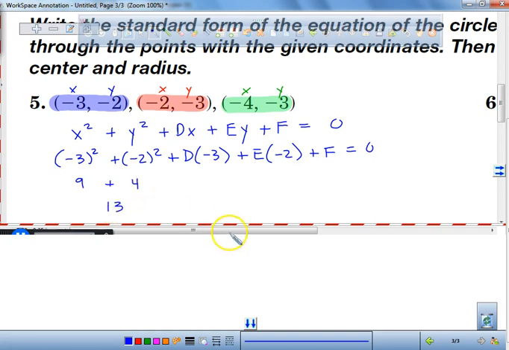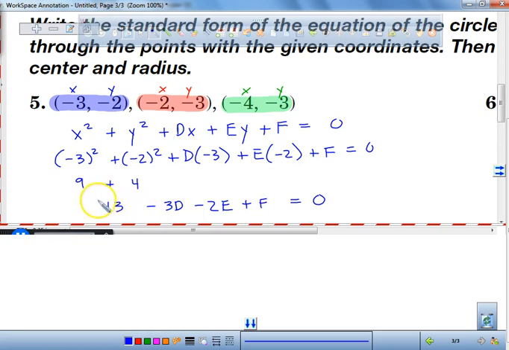Positive 13. What's D times -3? Negative 3D. And E times -2 is negative 2E plus F equals 0.